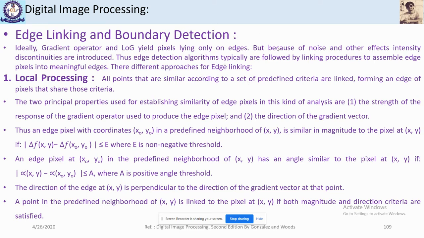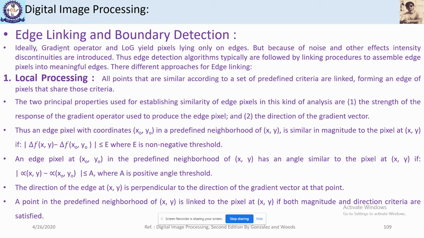But because of noise and other effects, like the contrast and the illumination of light, intensity discontinuities are introduced in the image. That means edges are broken in the direction of appearance.